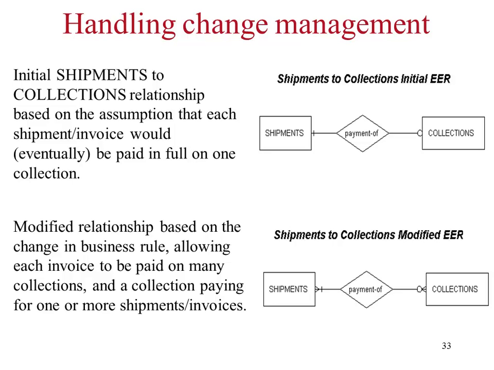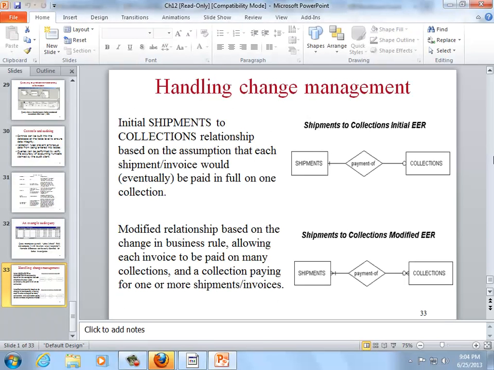So if you want to change your business rules, it is not very hard. You create new tables, you copy previous values, and that's it. This is what the book claims, which is not entirely true, but the idea is that this is not as hard as it might have been if you had not been using this database approach for your AIS. Okay, questions? Good.